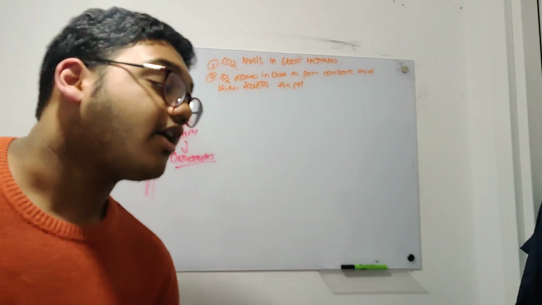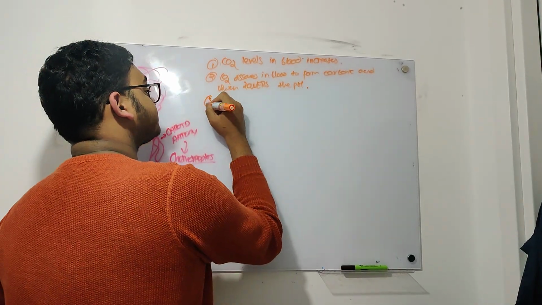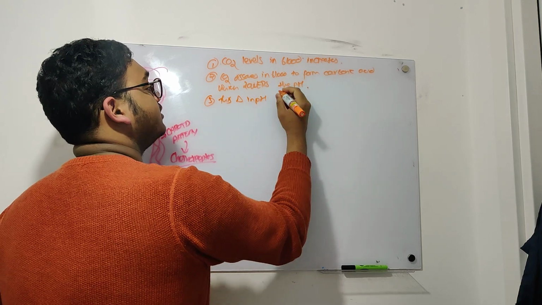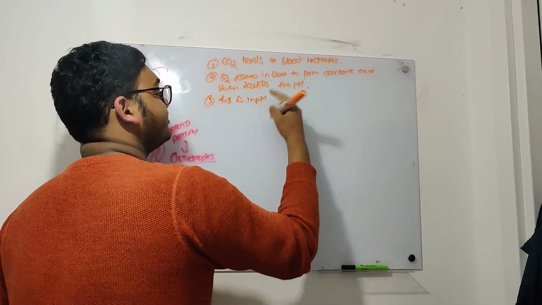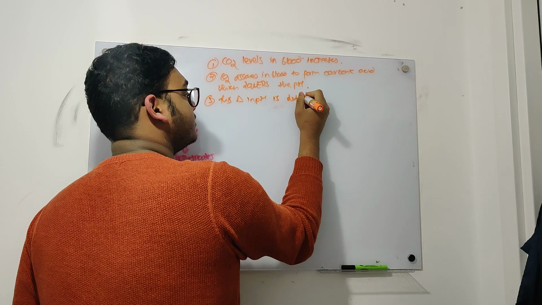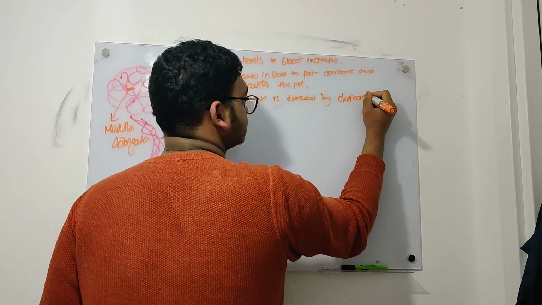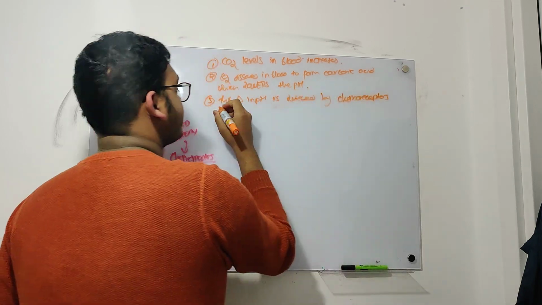So the next point we're going to write is that this change in pH is detected by chemoreceptors in the carotid arteries.